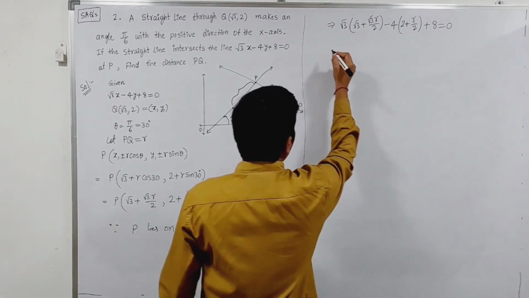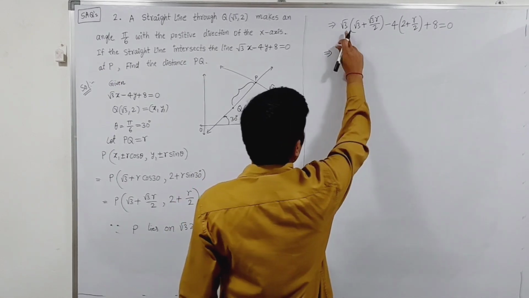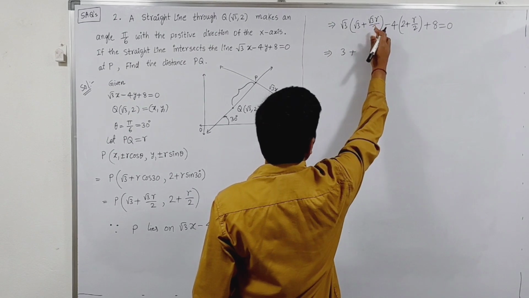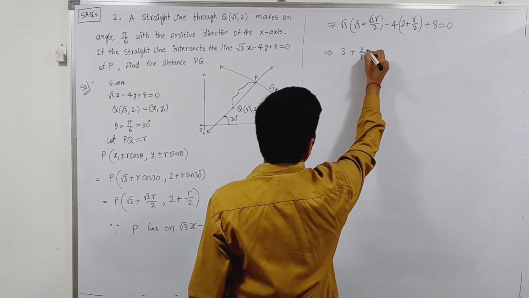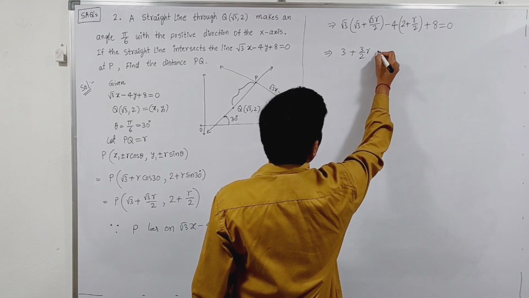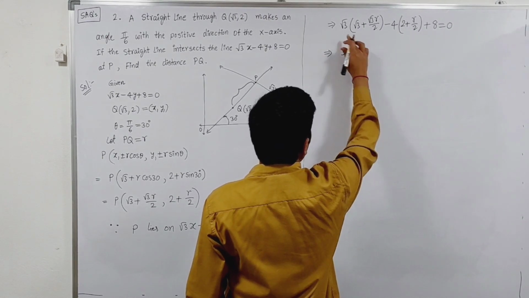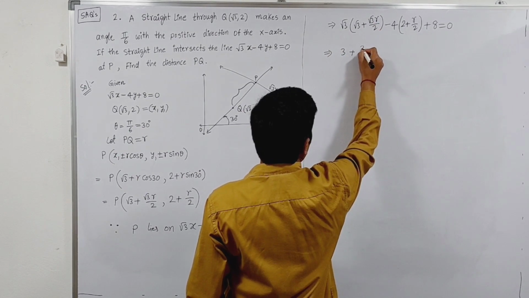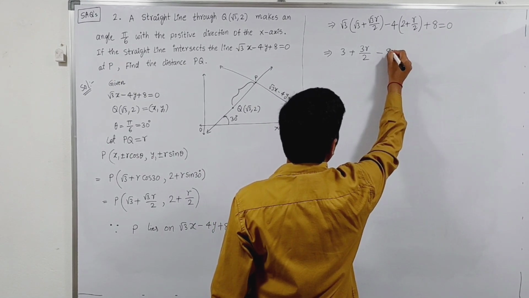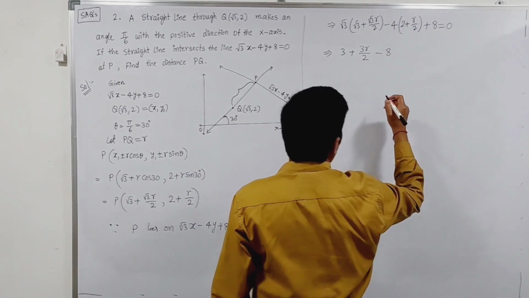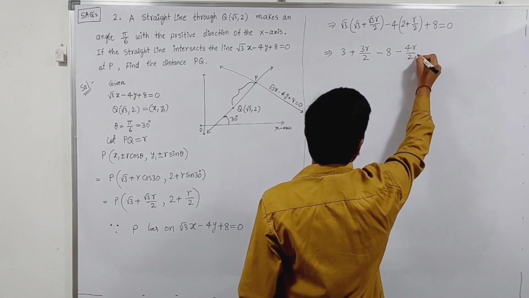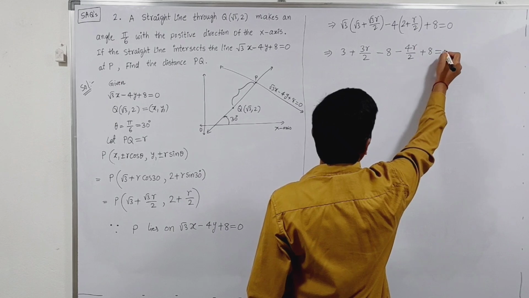By simplifying this equation, we get the r value. Root 3 into root 3 is 3, plus root 3 into root 3 by 2 means 3 r by 2. Minus 4 into 2 means minus 8. Minus 4 into r by 2 means minus 4 r by 2, plus 8 equal to 0.